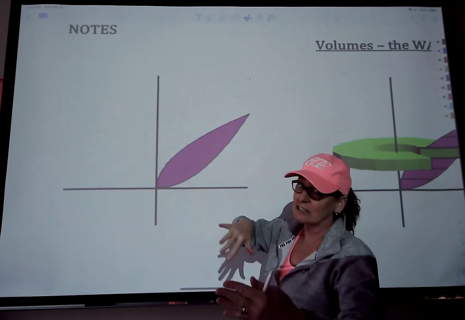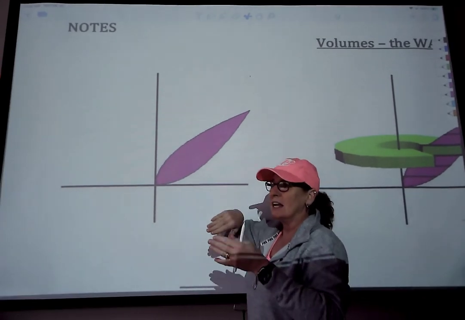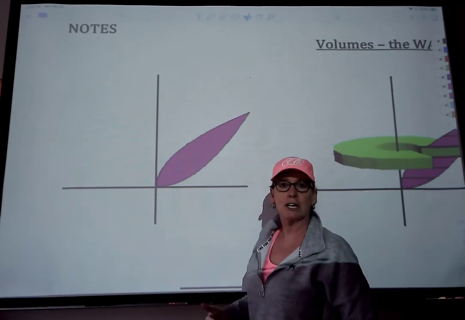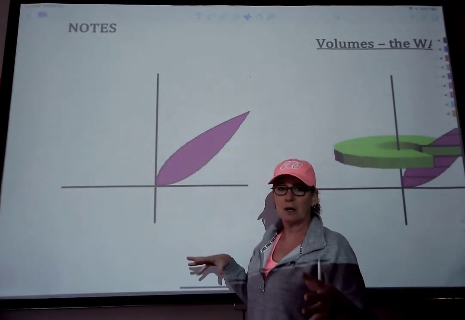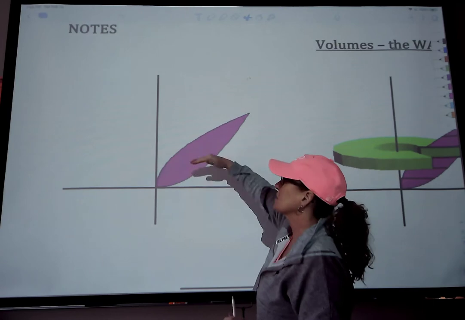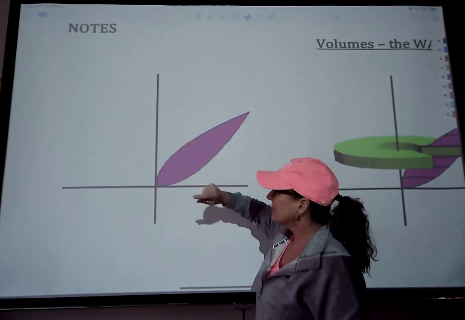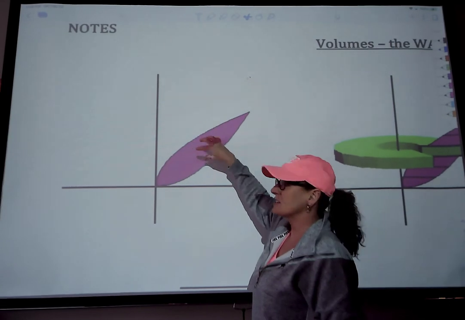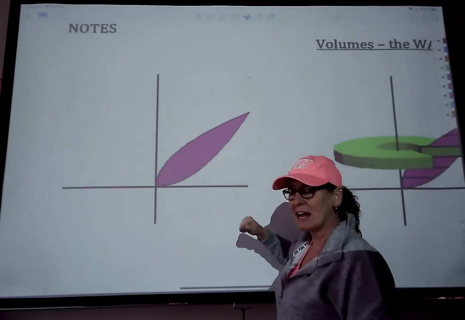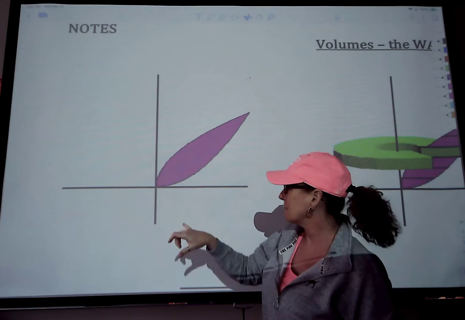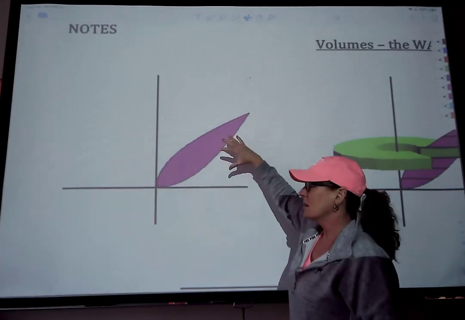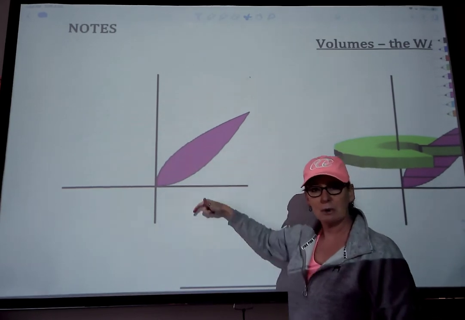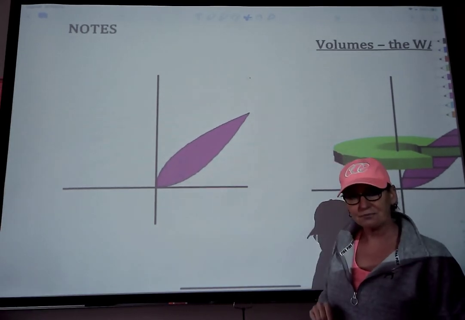So what we got yesterday was a completely solid three-dimensional object. It was completely full of something like concrete. Well, today you're going to see that we're going to take this shape and revolve it around an axis, but it doesn't touch the axis. Maybe just right here at the tip, but there's going to be some empty space in here after we revolve it around.